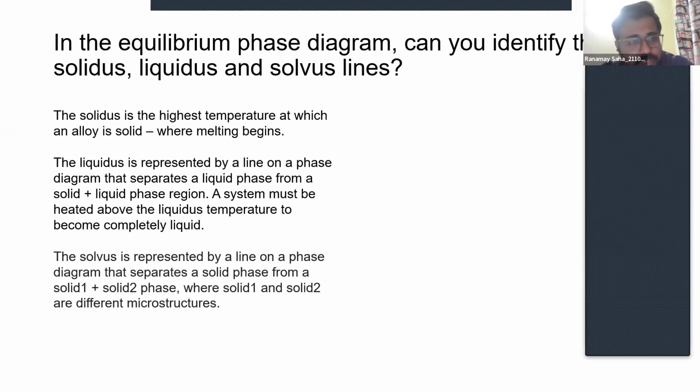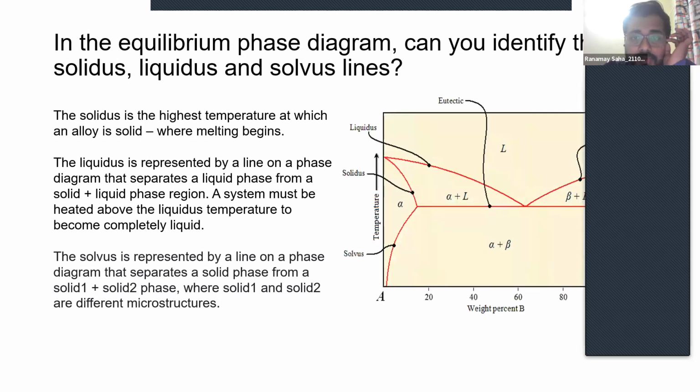Similarly, the liquidus is the line that separates the liquid phase from the solid and liquid region. There should be some small crystals forming above or below the boundary. Such a line is called the liquidus line. And then comes the solvus line. That is an interesting thing. You see this diagram.